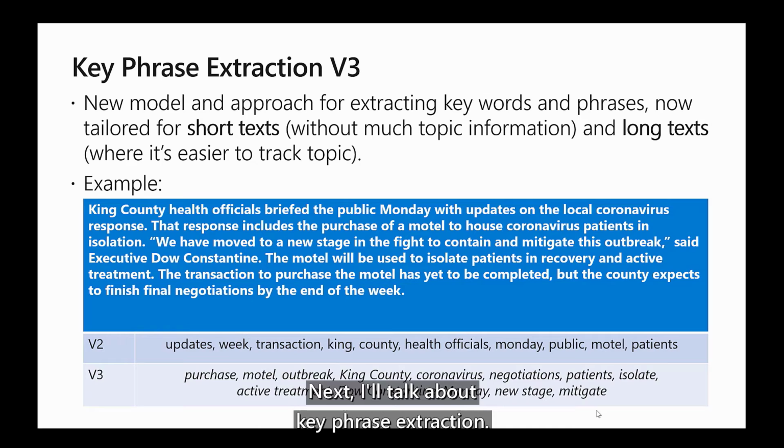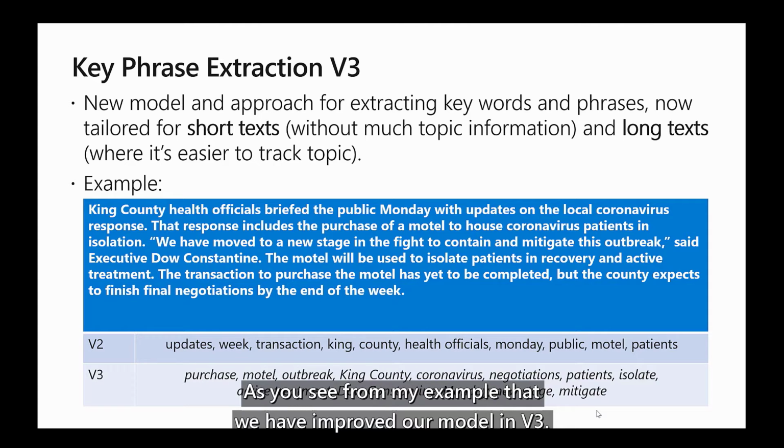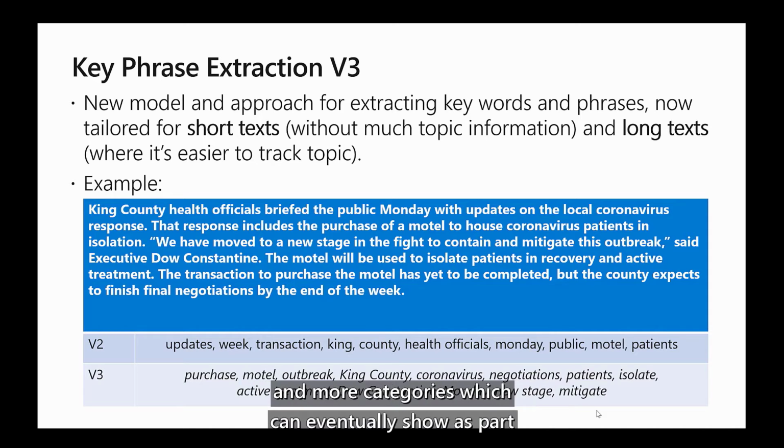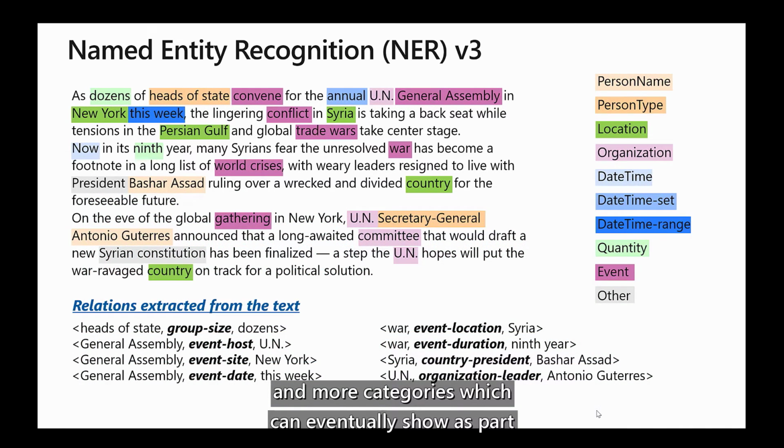Next, I'll talk about key phrase extraction. This is also in version 3. As you see from my example, we have improved our model in V3. Like I said, we keep on improving our model regularly, but that's the major thing. There are better stop words as well, and more categories which can show up as part of KPE, and also NER.